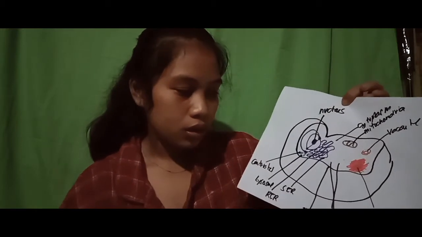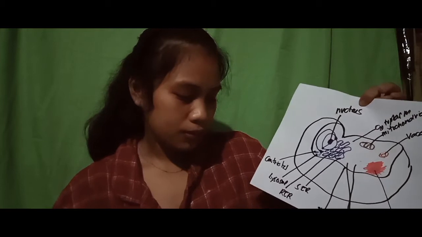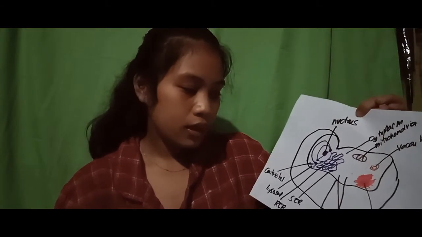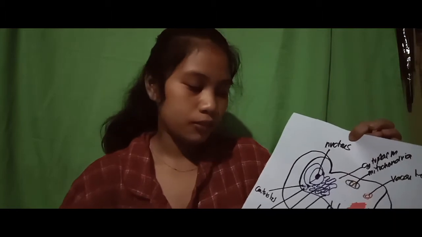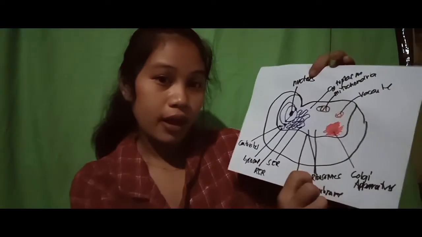So, let's go to the smooth endoplasmic reticulum and rough endoplasmic reticulum. In a factory, there are machineries and equipment. The endoplasmic reticulum is like a pathway that the products of a factory pass through. For example, when making shoes, the machine is the pathway they pass through, with the help of ribosomes.